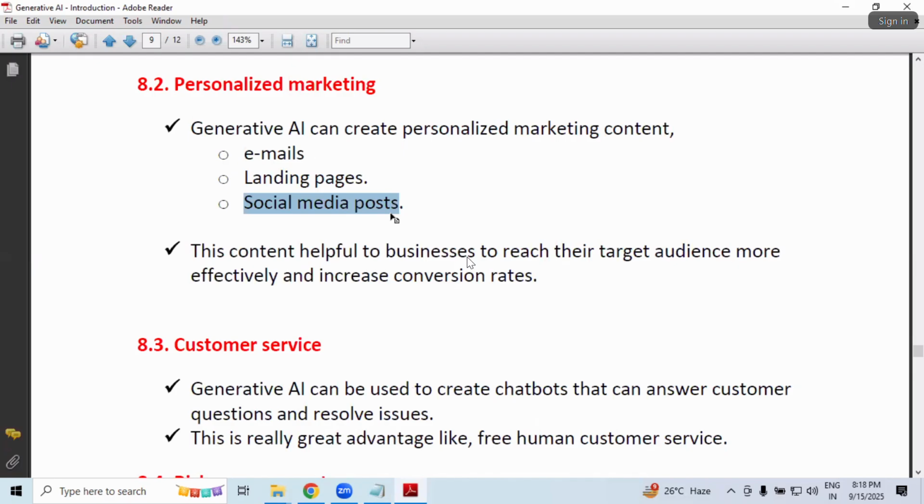You can't believe, in olden days people used to struggle on YouTube with how to create a landing page, how to create a thumbnail. But GenAI is doing anything nowadays. This content will be helpful to reach the target audience more effectively and increase conversion actually.